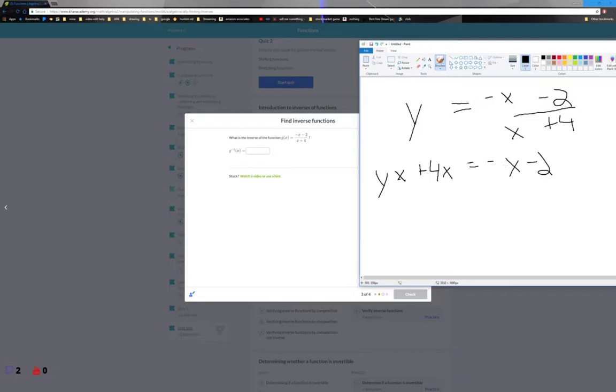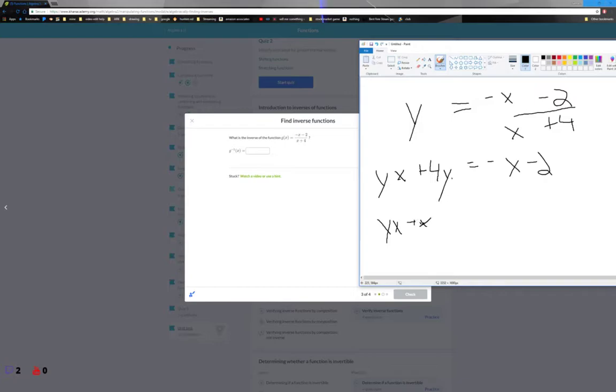We want to move all the x and y terms. I messed up when I did that. We'll get rid of that, and then this should be a y here. And then we're going to move this x over here, so it'd be yx plus x, because it's a negative x on that side.